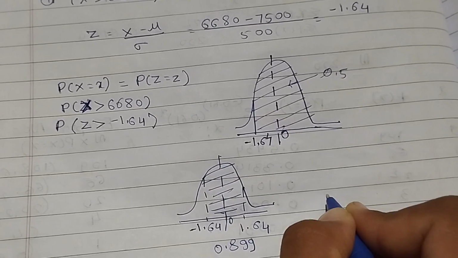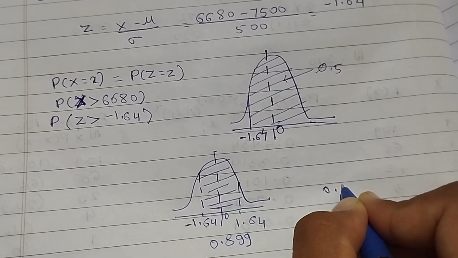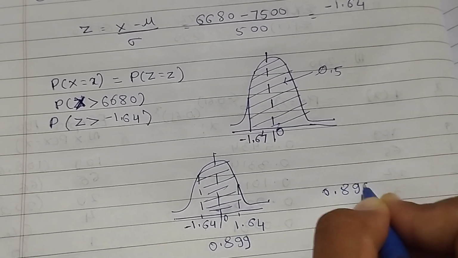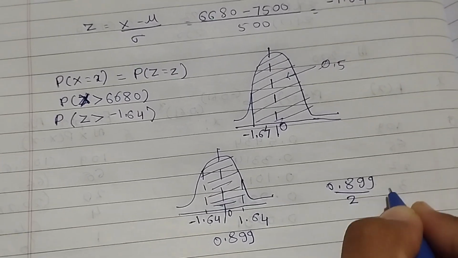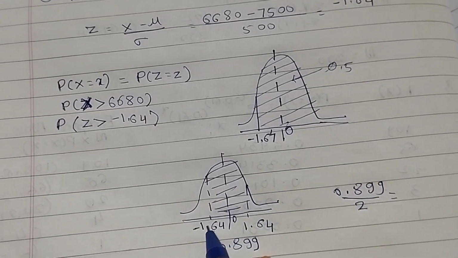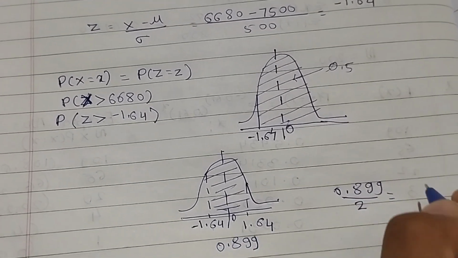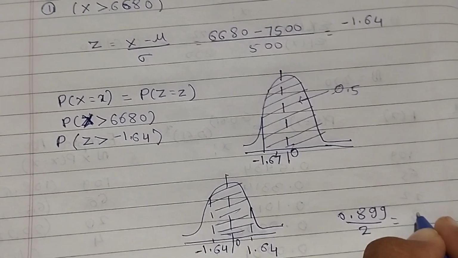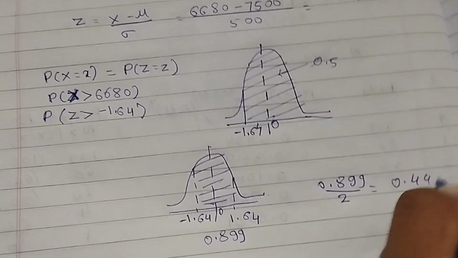So for that we divide 0.899 by 2 to get the value which is only for 0 to minus 1.64. So this is nothing but 0.4495.